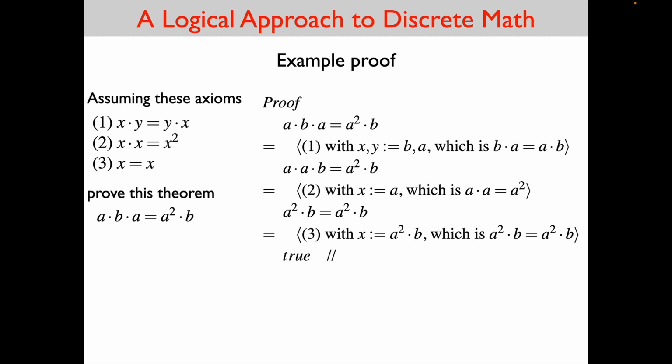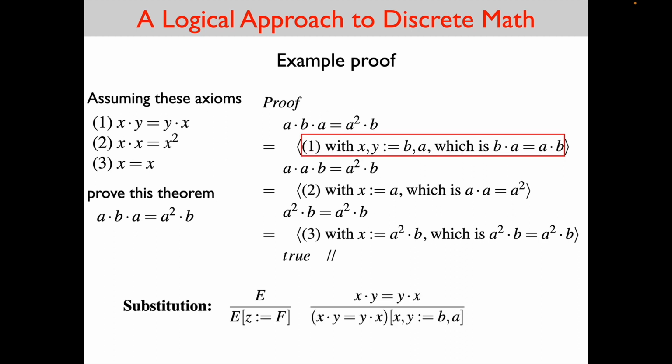Now let's analyze this and see exactly where these inference rules are used in each step. In the first step, where we went from a times b times a equals a squared times b, we used this hint with axiom number 1 to get a times b equals a squared times b, below the hint.